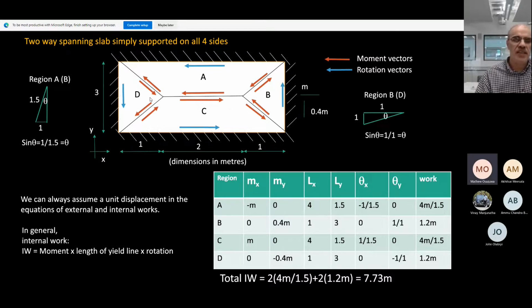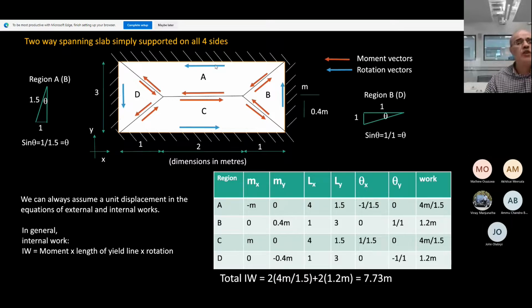And the same for the MB. So once you've done one region, for example region A, you don't have to do all the other regions, you can deduce them and save time. Clear?